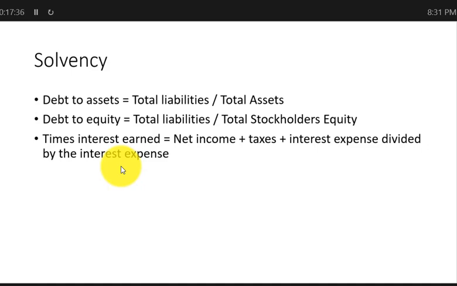You certainly wouldn't want to be in a situation where your debt payments were equal to all of your income, right? That's not a very positive situation. You'd want to have 2 or 3 or 4 times as much income as you owe in interest and debt payments.